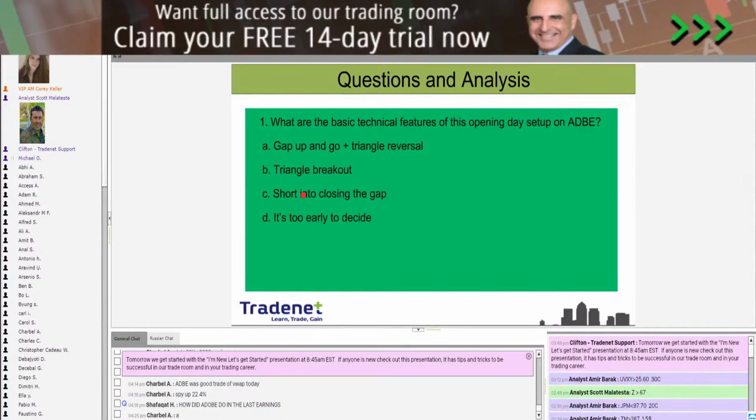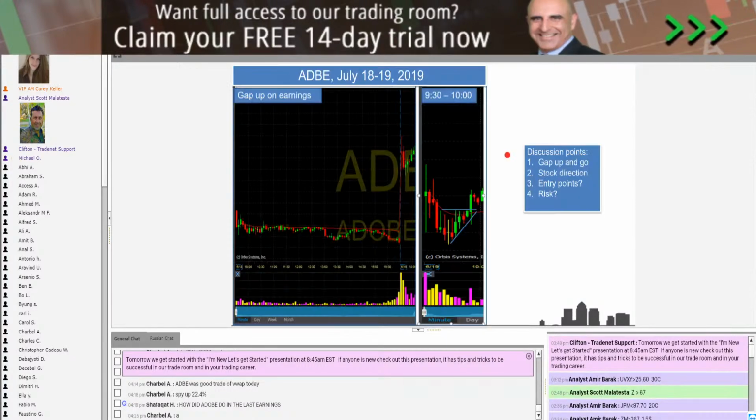And it's not a triangle breakout, because let's face it, the breakout is not showing any triangle. This is a triangle, you can see it here pictured on the chart. And this is a reversal play. It's not a trade at the highs of the day. Therefore, it's a triangle reversal.